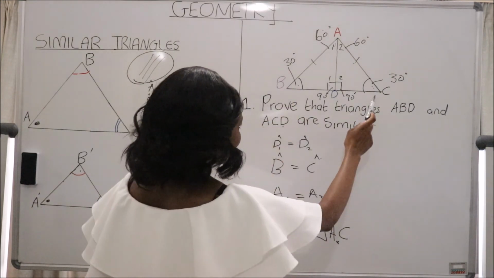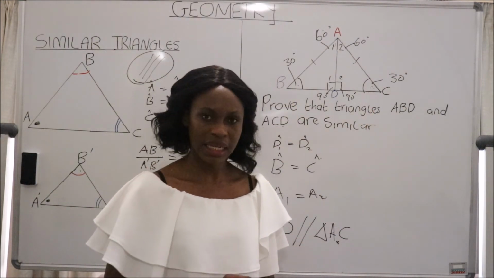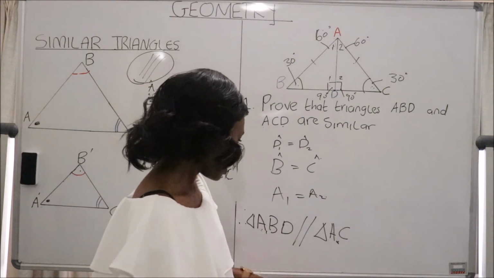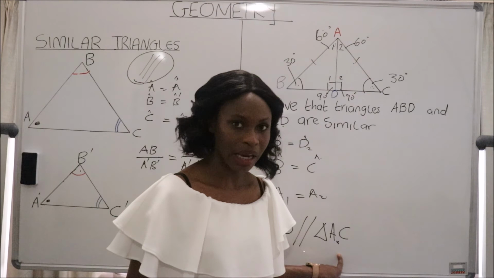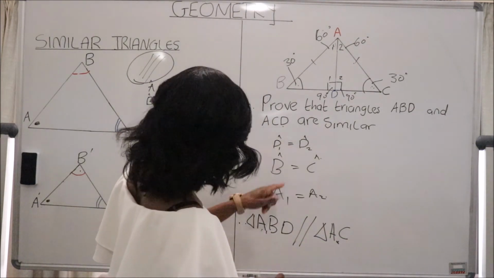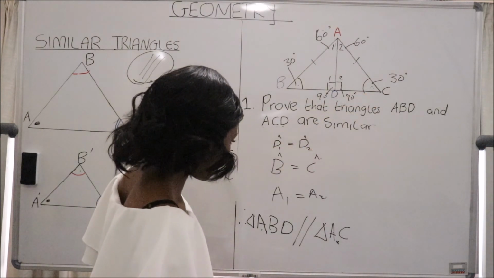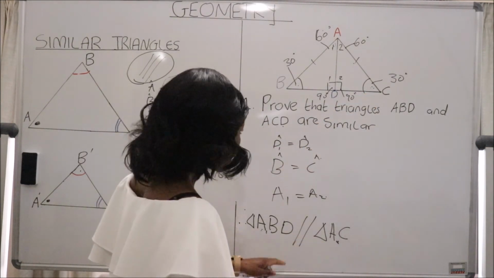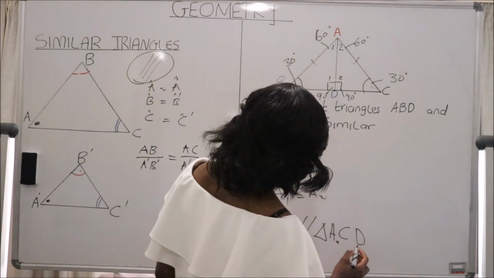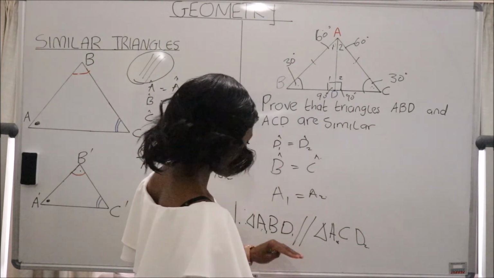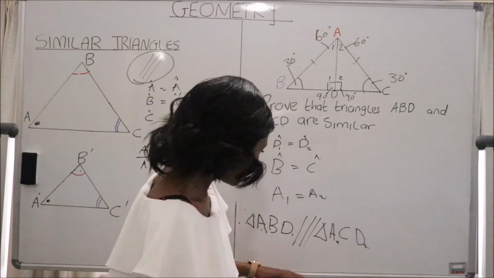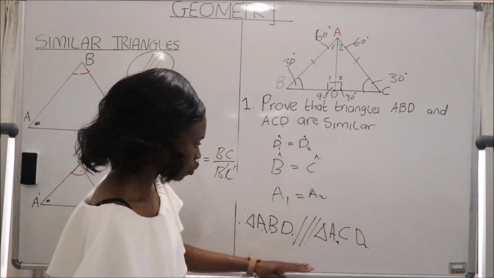And then B, we know that it's equal to C. Remember I told you that the order in which you write your triangle should always be correct: the first angle is the same as the first angle on the other triangle, and the second angle is the second angle on the other triangle. So our B is equal to our C, and our D as well is equal to our D, so it's D1 and also D2. So we know that triangle ABD is similar to triangle ACD in this order.